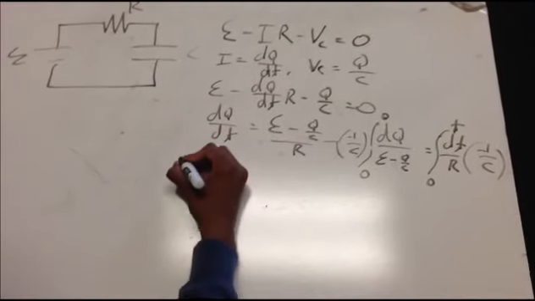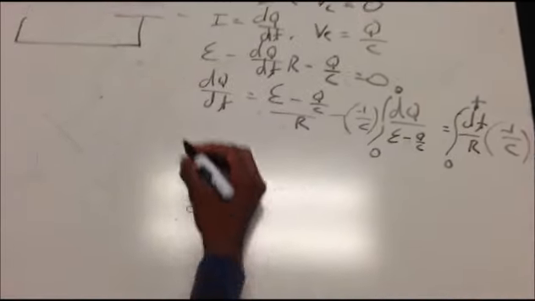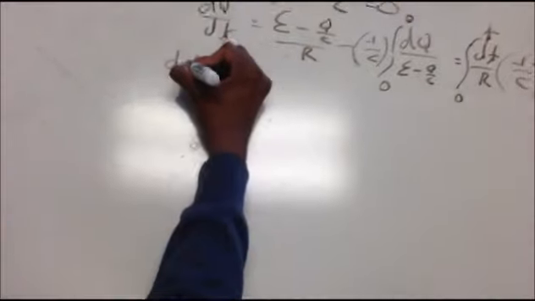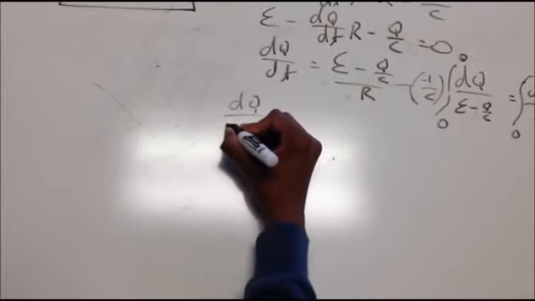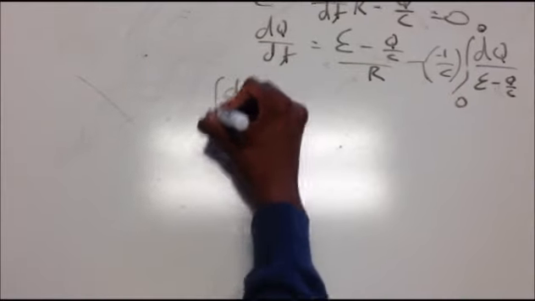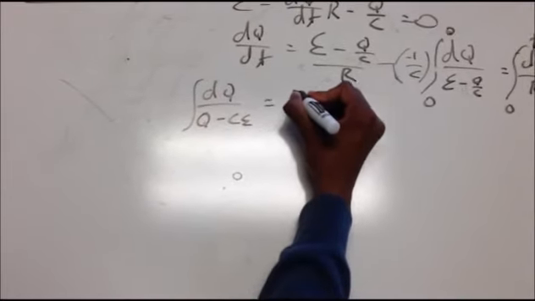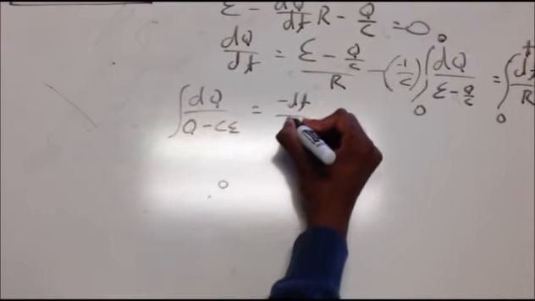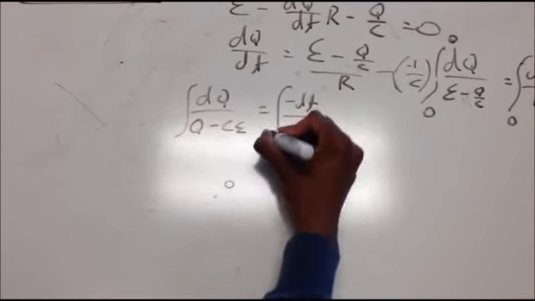Okay. So now we're going to end up with dq over (Q minus CE) equals negative dt over RC.